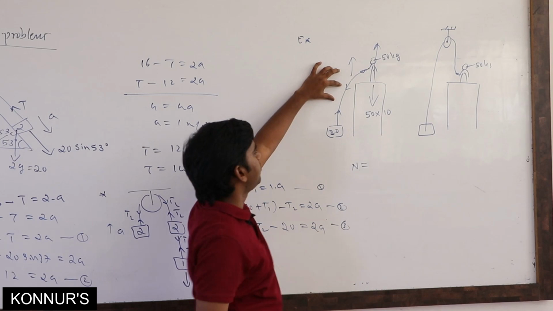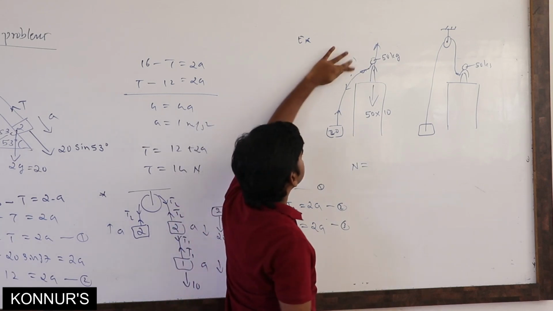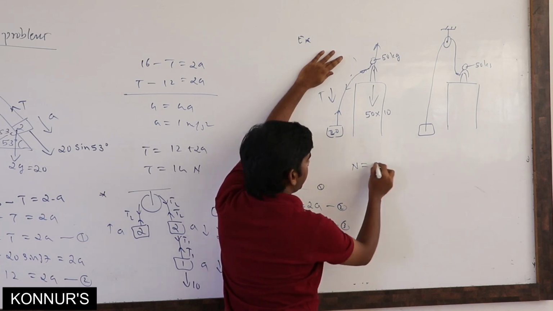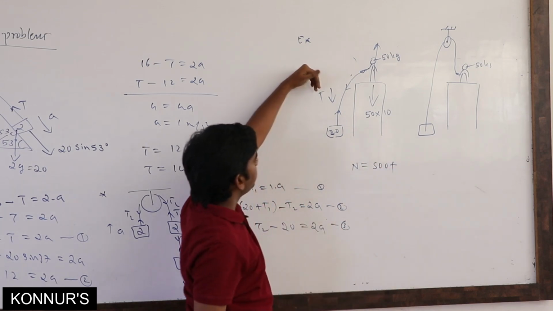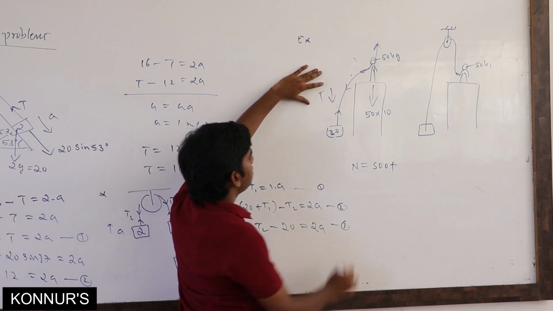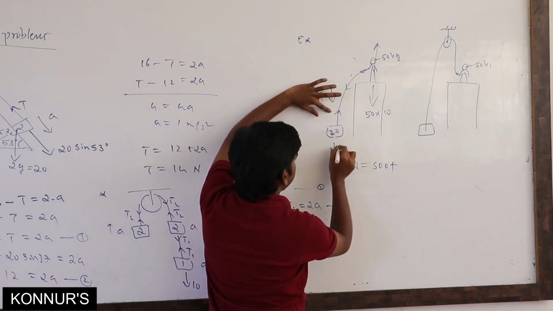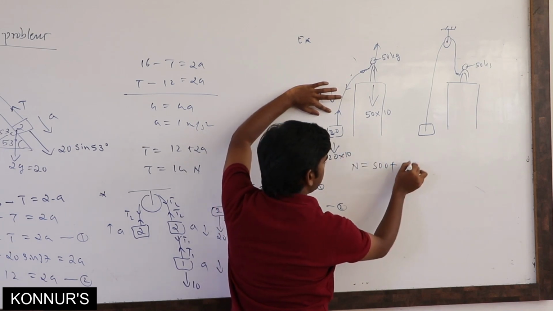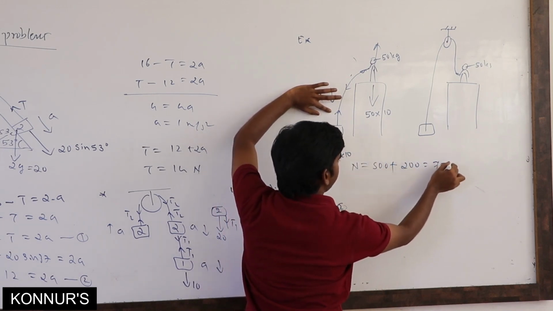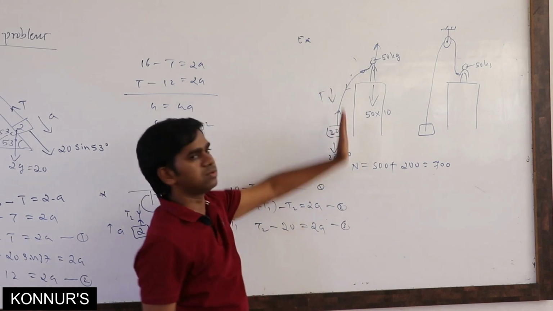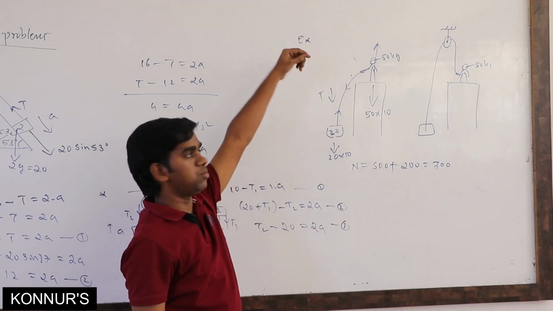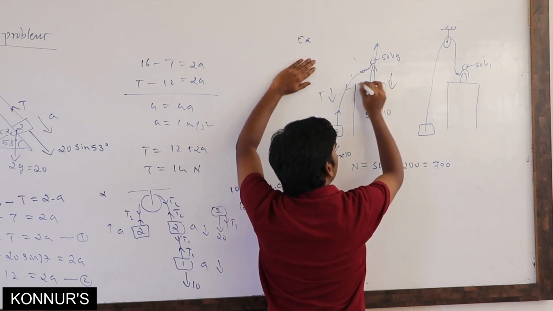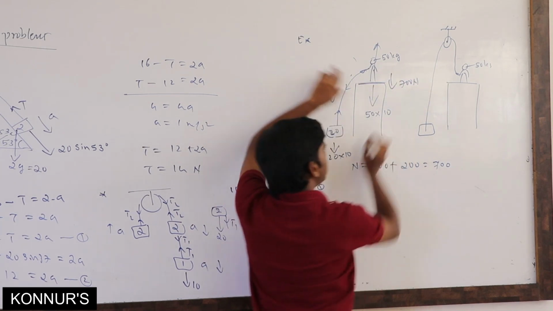So here tension is also downward. So normal becomes 500 plus tension T, which is 20 into 10, so it will become 200. So total 700 is the normal force. If 700 is the normal force, that much force he has to apply on this floor. So 700 Newton he has to apply.